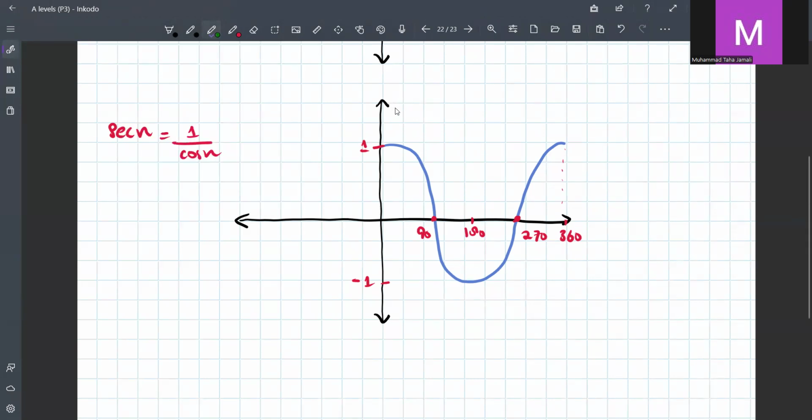So like this upwards, and from here it would be like this. And from here it will touch it like this.